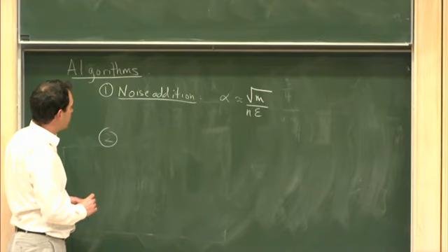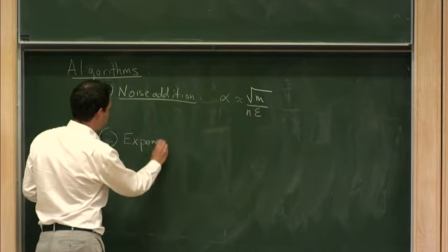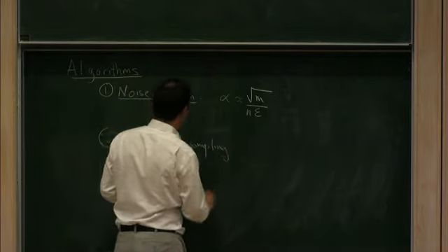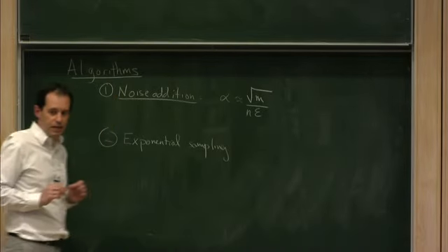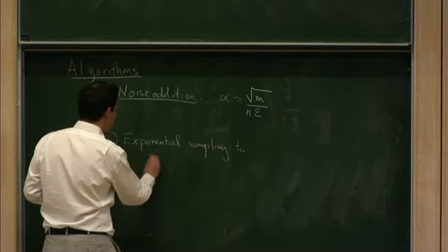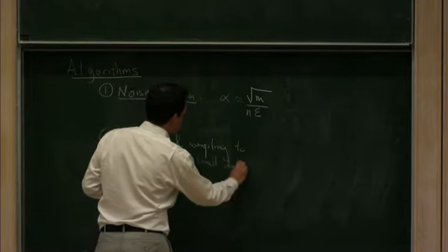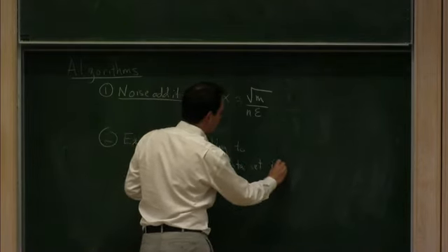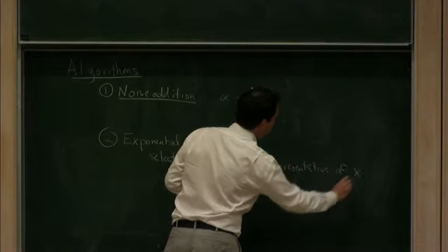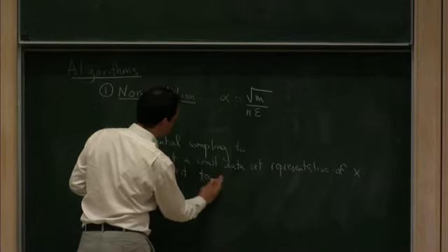One of them that works quite well, and that historically was the first, is I'll use this exponential sampling idea we had on the slides to select a small data set that is representative of x with respect to my target queries.